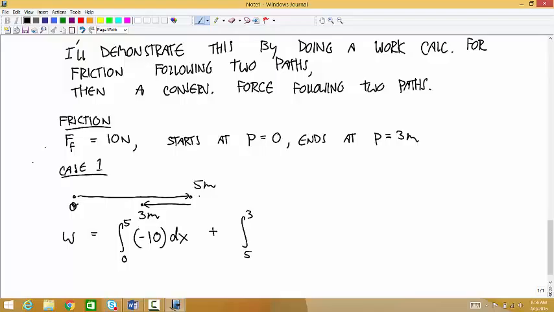The path is to the left, so the friction is to the right. Everyone following what I'm doing here? And so what do you get? Negative 50 minus 20, so negative 70 joules.